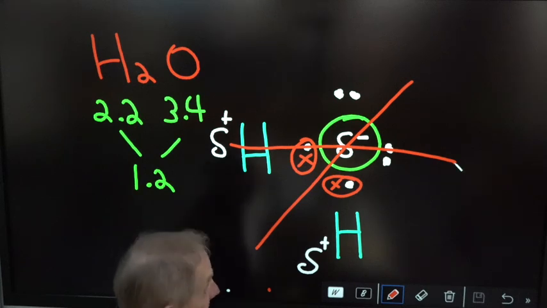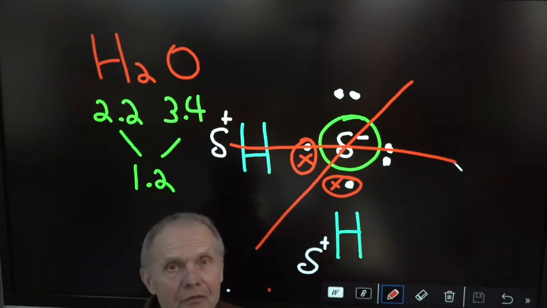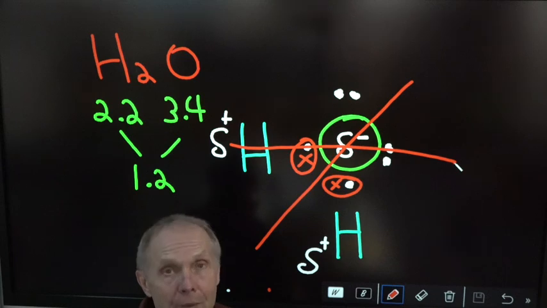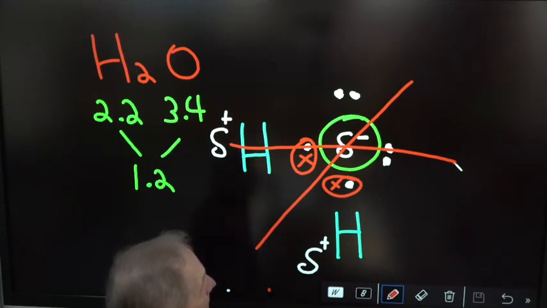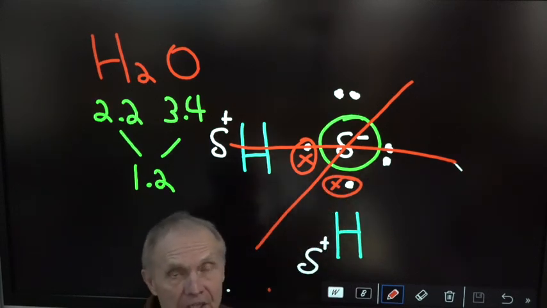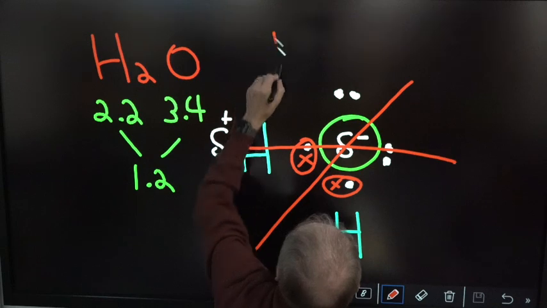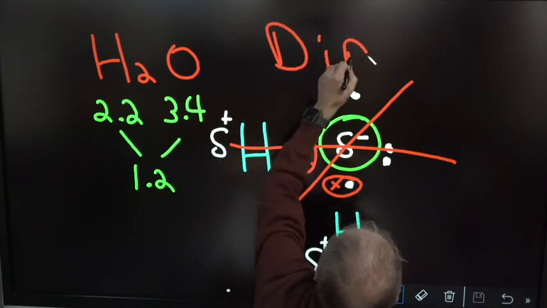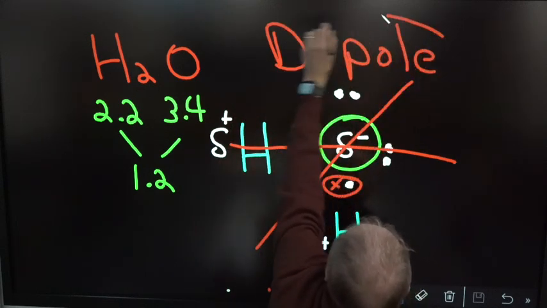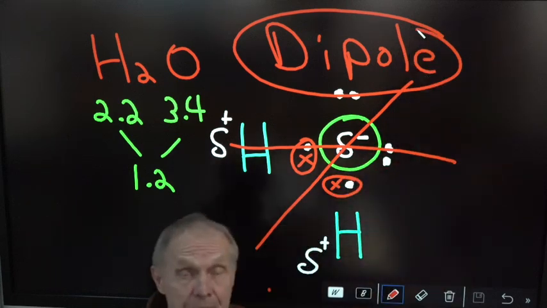Now, there's another name for polar molecule. Polar molecule has a positive end and a negative end, and we can call it this also. A polar molecule can be called a dipole.